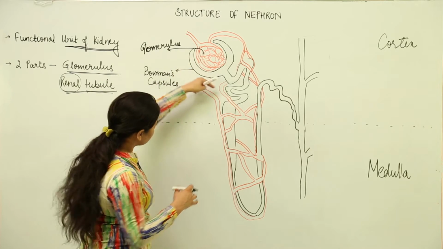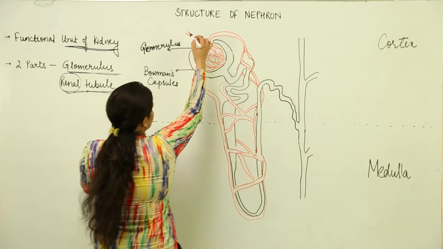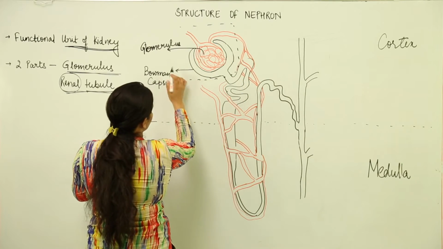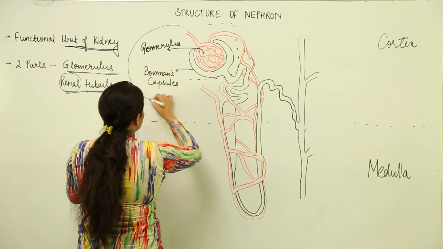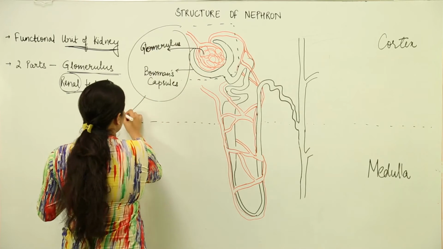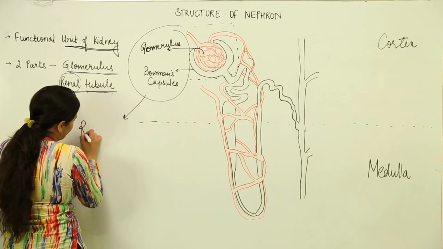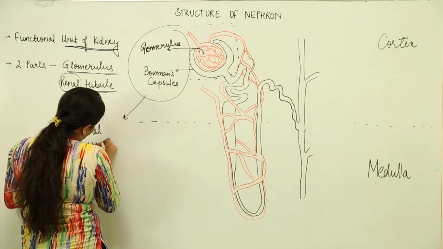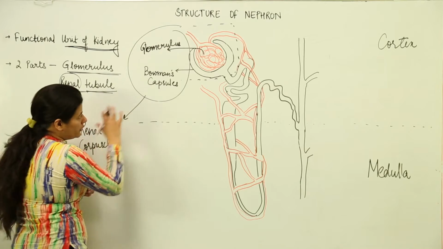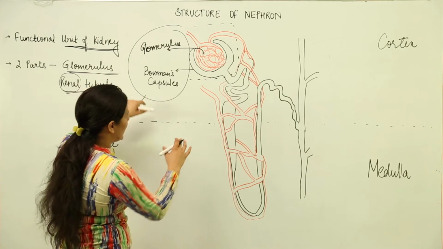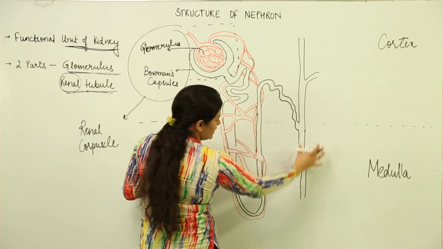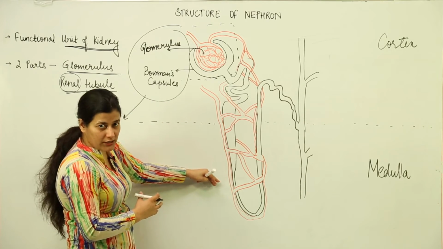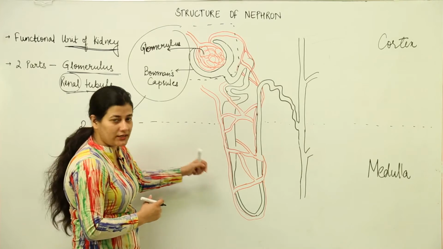This entire part, glomerulus and Bowman's capsule, is known as renal corpuscle. So over here we are done with the glomerulus part, and the remaining part of the nephron is known as the renal tubule, which extends till medulla of the kidney. Cortex is outer side and it goes inside the kidney.